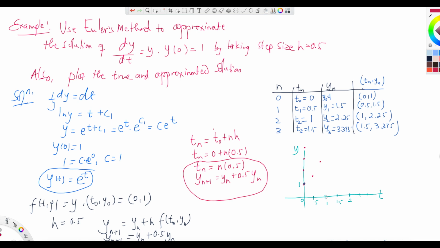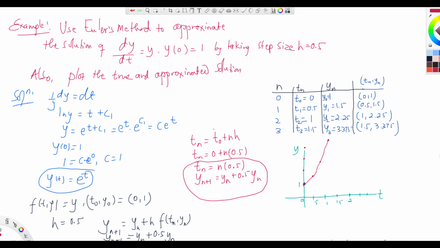And when t is 1.5, it is 4.48, somewhere here, and so on. Let me join that. So this is y equals e to the t. This is the true solution.